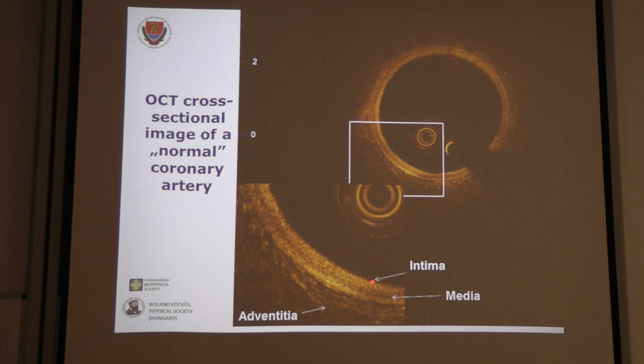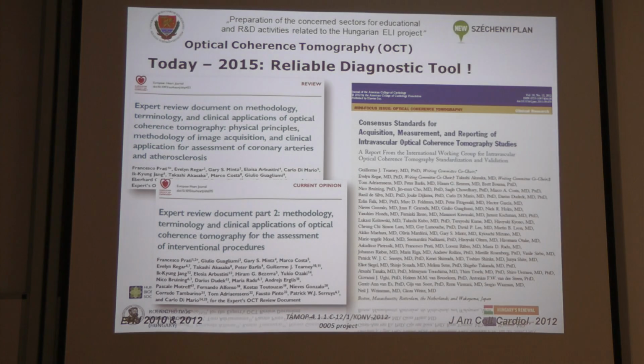So this is an almost healthy vessel with a very thin layer of the intima and very thin media and adventitia. Their appearance is much different than that of the intravascular ultrasound images.